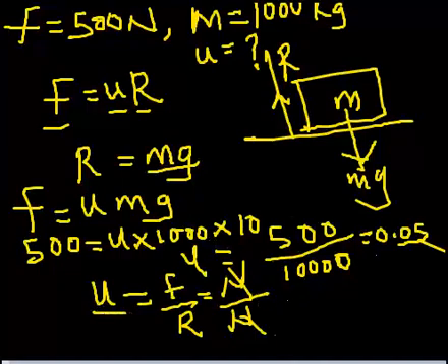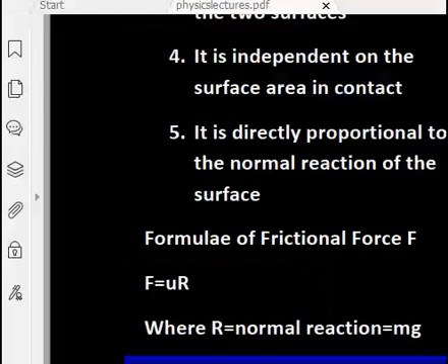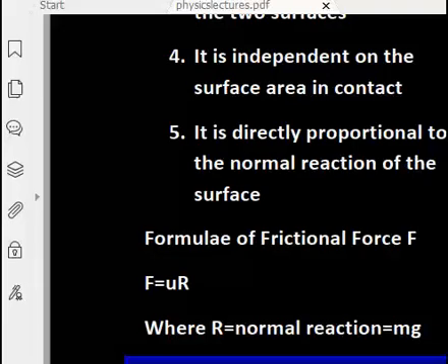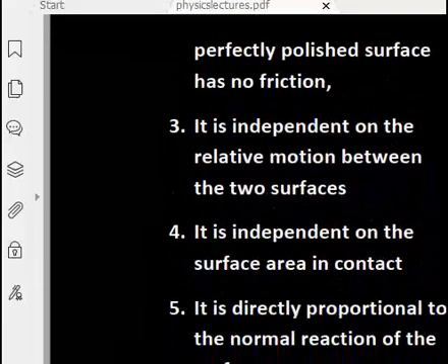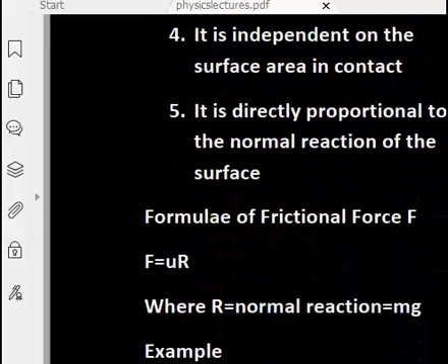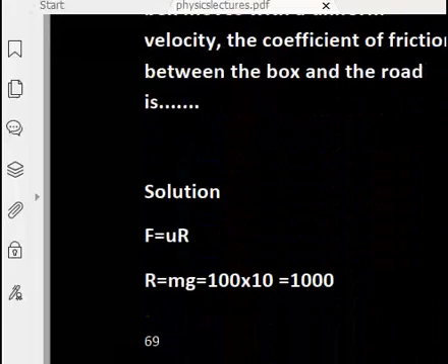I hope that clears up some principles for you. So now we're going to continue. Having known that every surface has its own coefficient of frictional force, we're going to look at how to determine the coefficient. The coefficient of frictional force is a constant, so please take note of that.